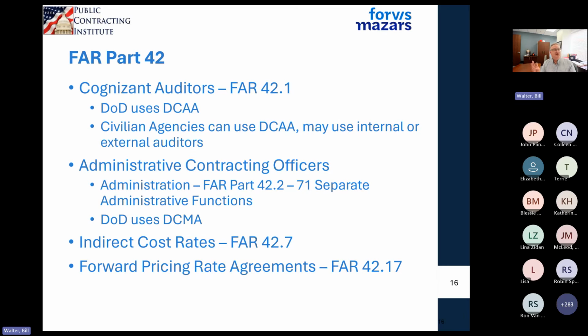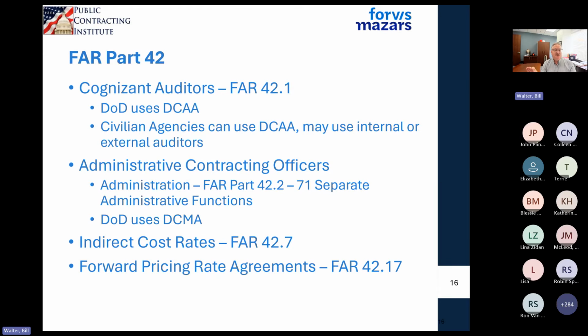So DCAA, if there's a cost proposal audit, if there's an incurred cost proposal audit, if there's a forward pricing rate audit, if there's a rate for an audit associated with the termination settlement or a request for equitable adjustment, if there are any number of audits, just go to DCAA's website, look at the audit programs, and there's over 100 listed.